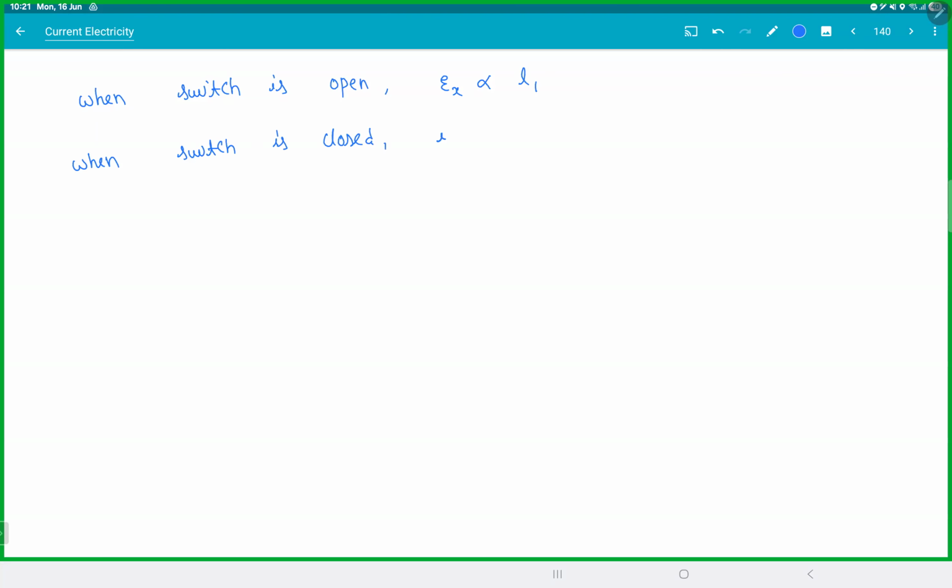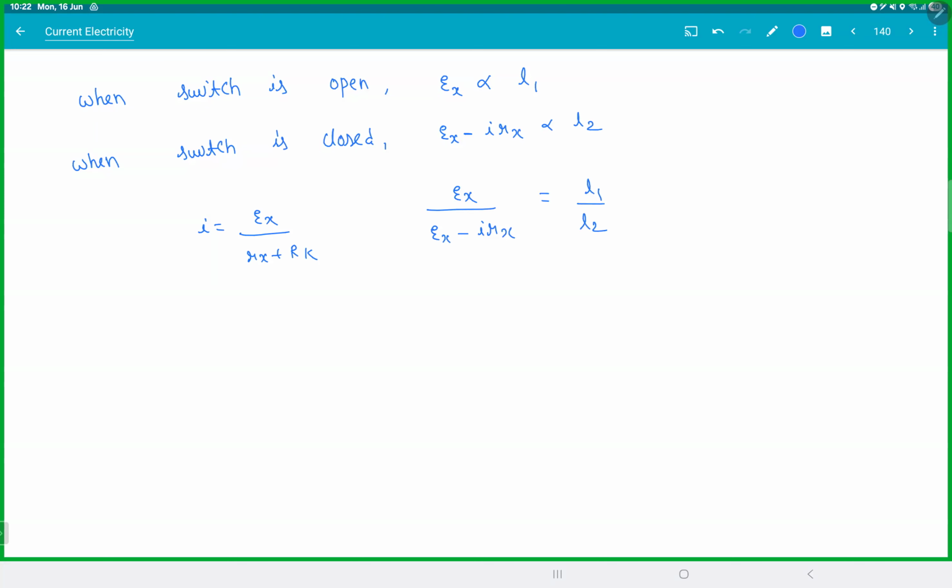When switch is closed, the balancing length became I into R known proportional to L2. And we know I known is nothing but, or let me write like this, EX minus I into RX proportional to L2. I is nothing but EX by RX plus RK.